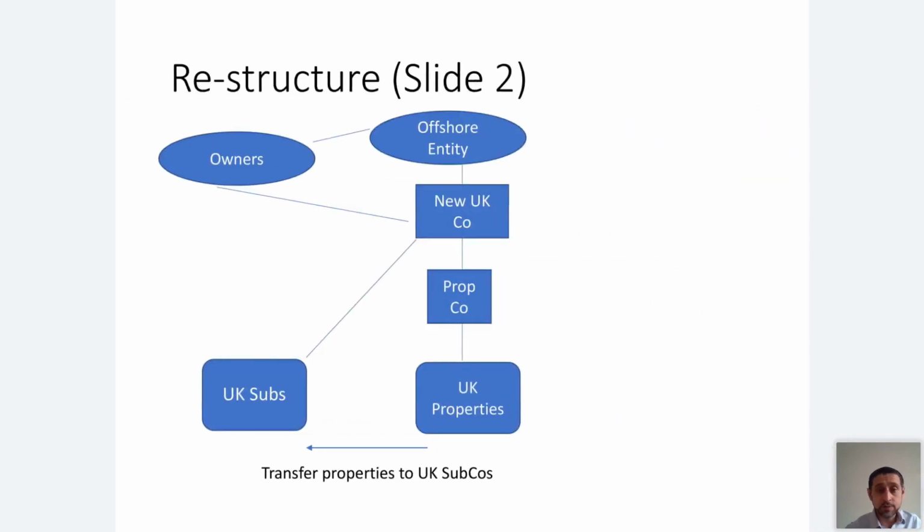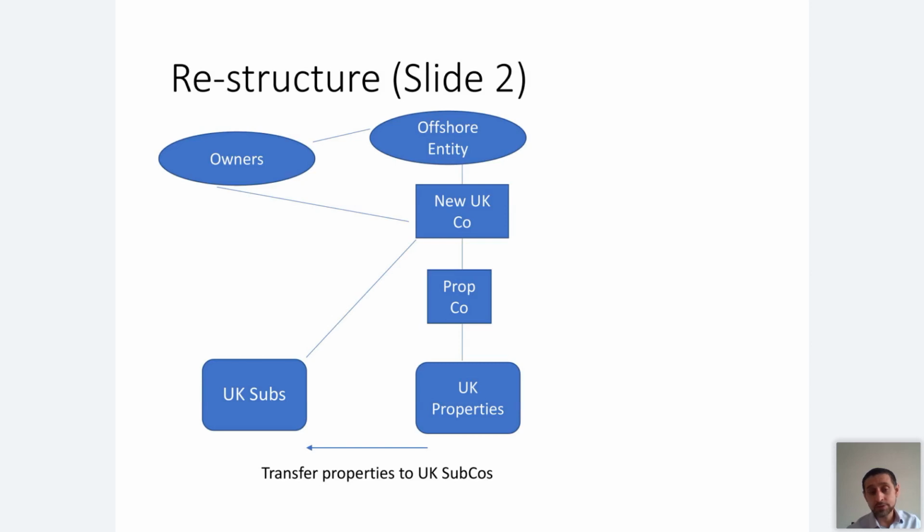What we would do is, this is kind of step 2 of restructuring. We would set up a new co, which would be owned by the owners and the offshore entities. So we would essentially do a share-for-share exchange between the owners and the offshore entity.